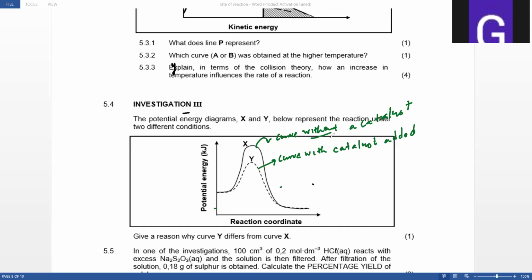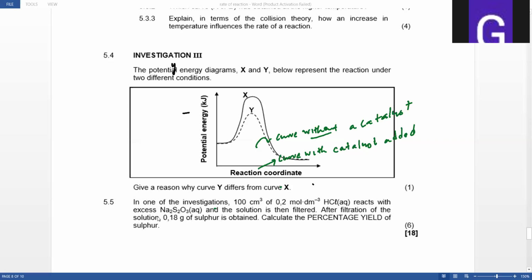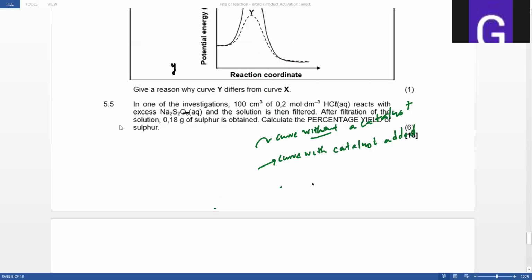Okay? Then now let's move on. In one of the investigations, 100 centimeter cubed of 0.2 mole per decimeter cubed reacts with excess, very important, excess sodium thiosulfate, and the solution is then filtered.